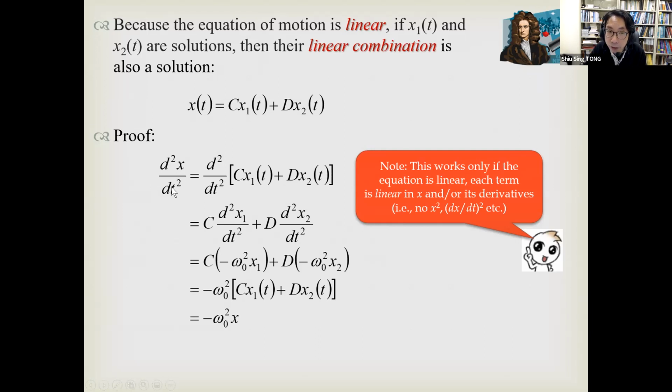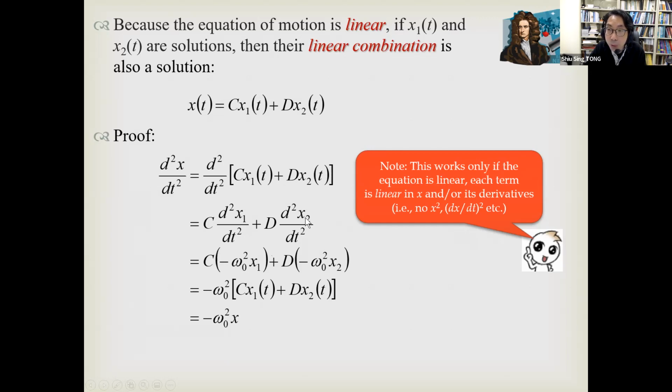On the left-hand side, we have the second derivative. The second derivative acts directly on x1 and x2 because the differential operator is linear. So the constant doesn't matter, and the differential operator just operates on each of the terms in the bracket. Since x1 is a solution of the equation, its second derivative gives minus omega naught squared x1.